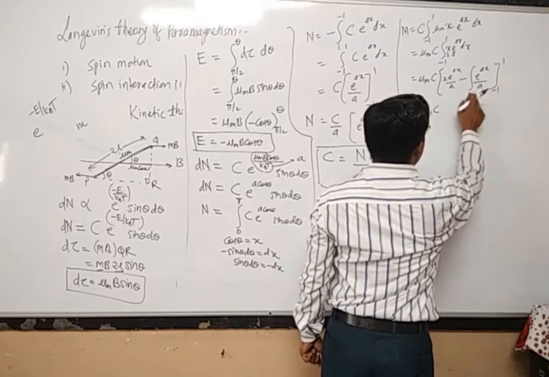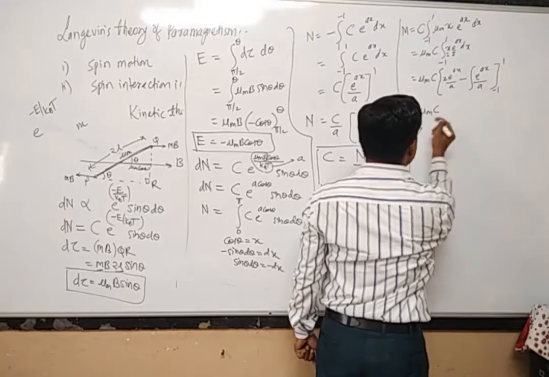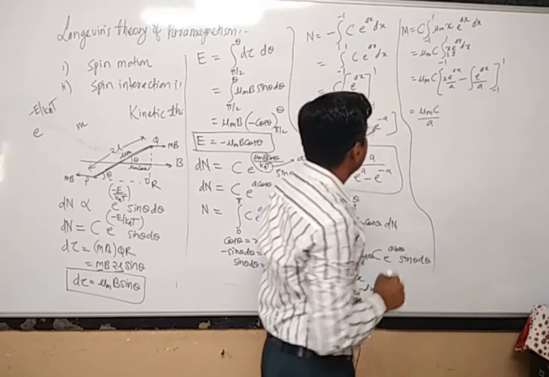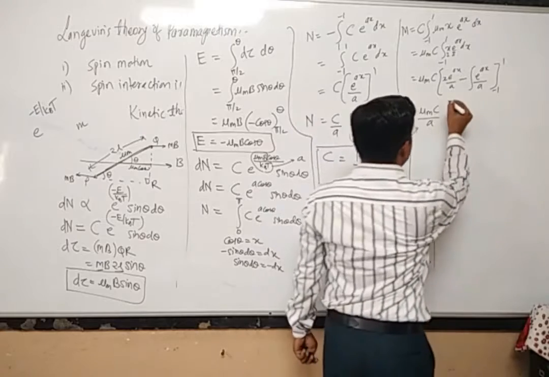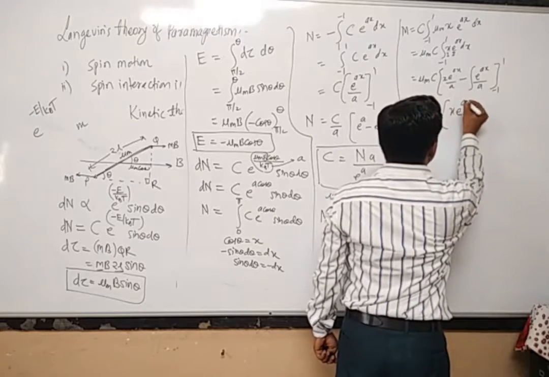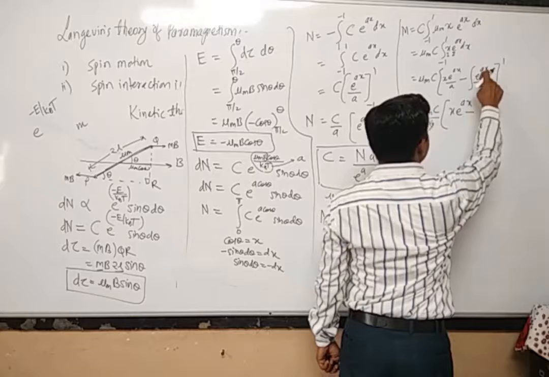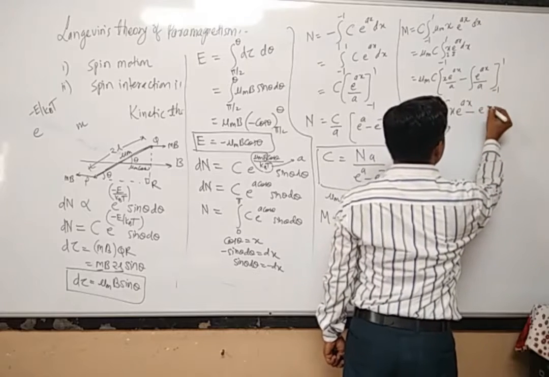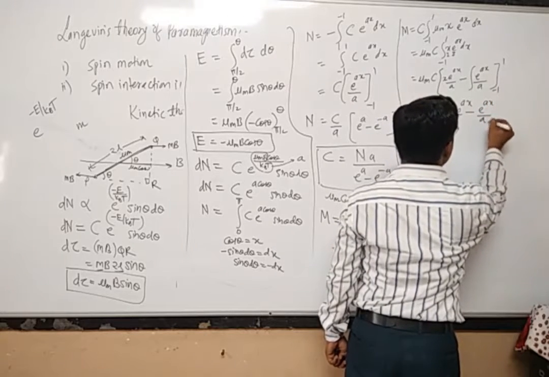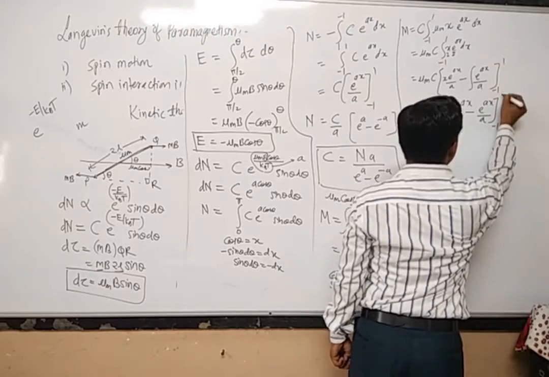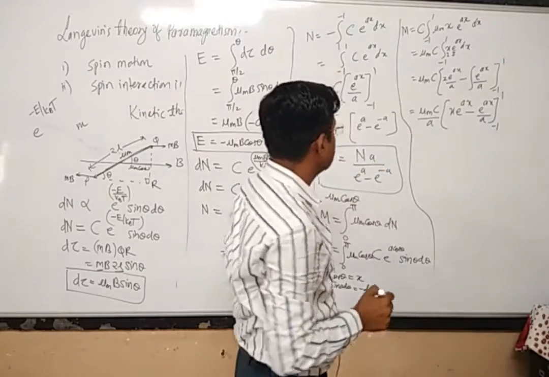The a is a constant and common, so I will take it out of the integration. So x into e raised to power ax minus integration of e raised to power ax, so e raised to power ax divided by a, and the final limits will be -1 to +1.